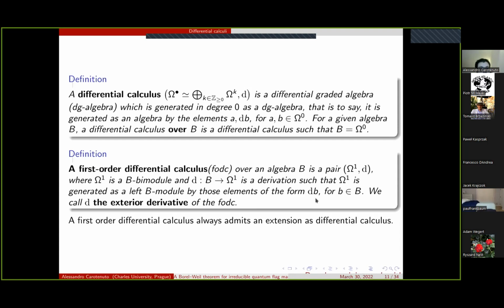Then we call d the exterior derivative, as we do for the differential calculus case. And let me just remind you that the first order differential calculus always admits an extension as a differential calculus in a suitable sense that you can guess.